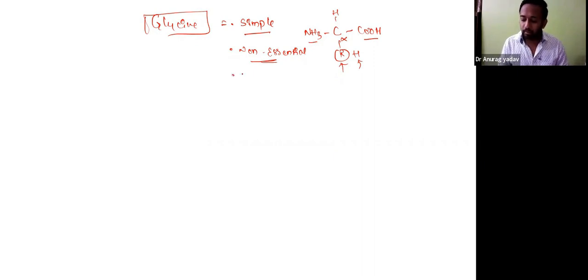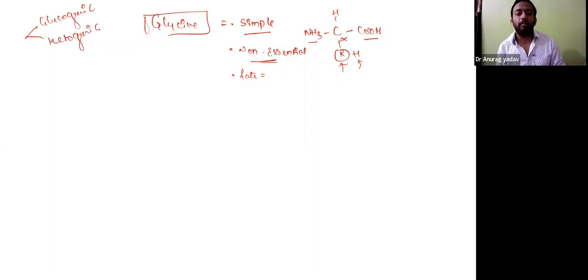Next, the fate of the amino acid. In again a classification of amino acids, we have something called glucogenic amino acids, means the carbon skeleton of the amino acid helps in glucose synthesis, or ketogenic if they help in the synthesis of ketone bodies, or some are combined, partly glucogenic and partly ketogenic. When it comes to glycine, it is glucogenic in nature.